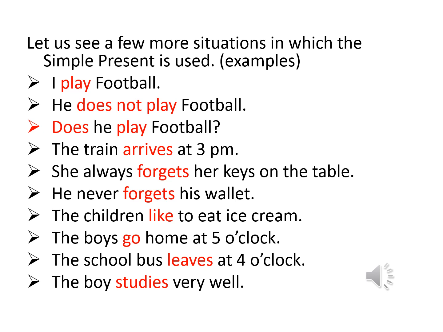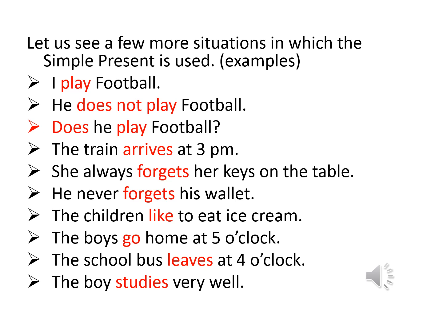For example, in the sentence, the children like to eat ice cream, we have the children as the subject, which is plural, and like is in its root form. Therefore, there is no s or es or any other suffix added to it.